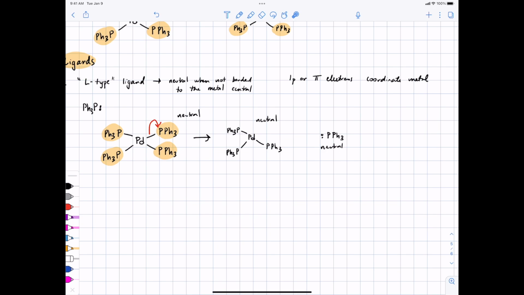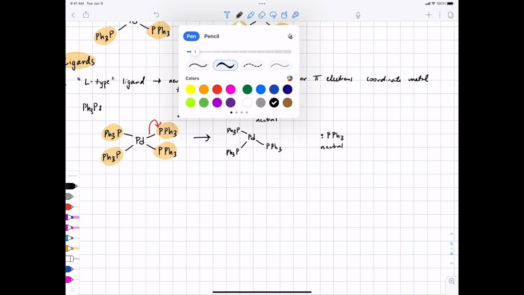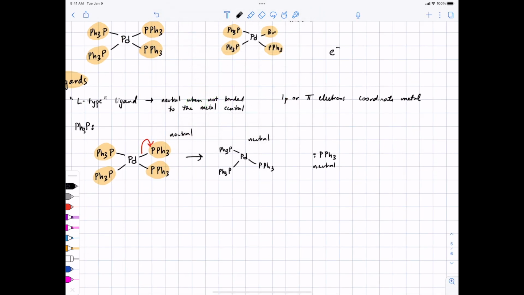You look at the ligand and we say the electrons in the bond between palladium and ligand belong to the ligand. And is the ligand charged or neutral when it leaves with those electrons? So we'll say, yeah, electrons in the ligand metal bond belong to the ligand.